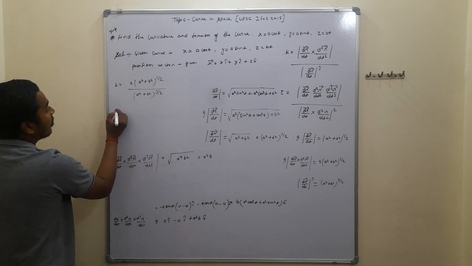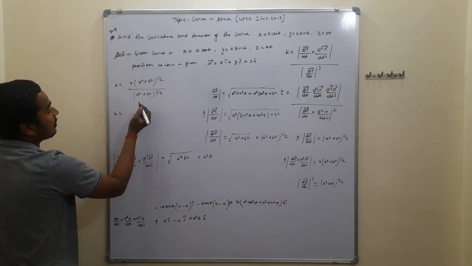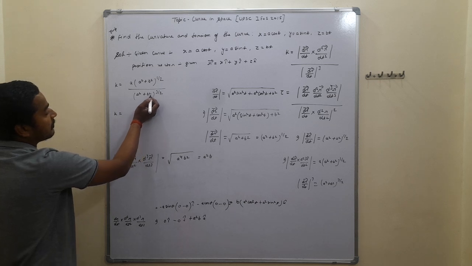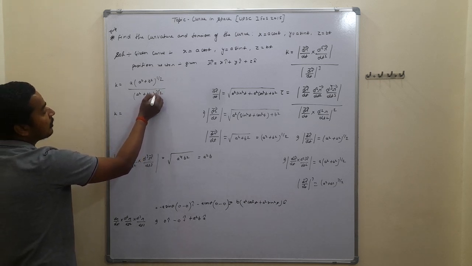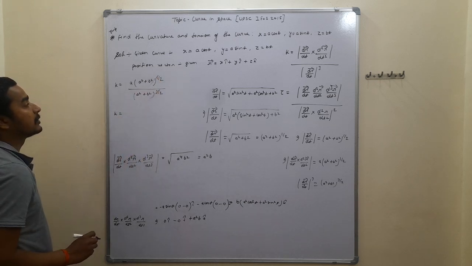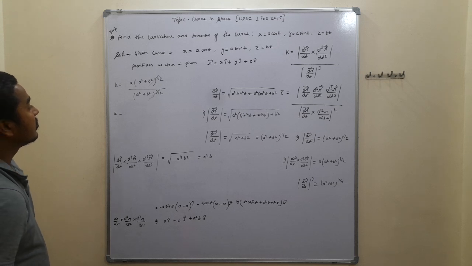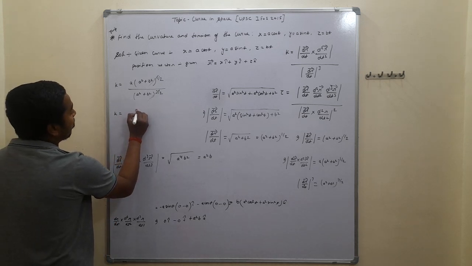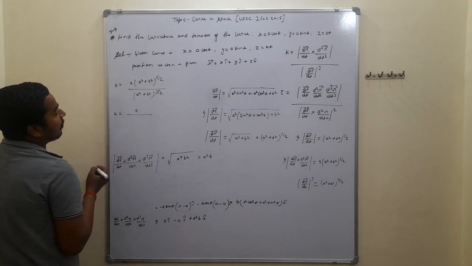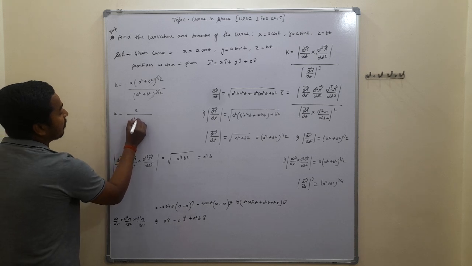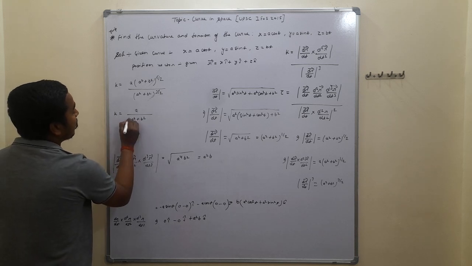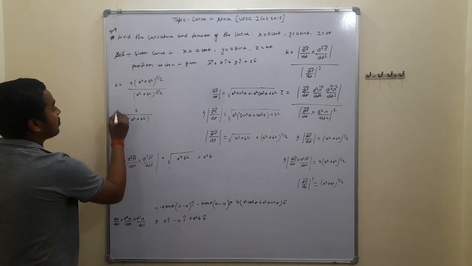And from here we have to cancel out the terms. A square plus b square to the power 3 by 2, to cancel out a square plus b square to the power 1 by 2. This gives a upon a square plus b square. This is the value of curvature.